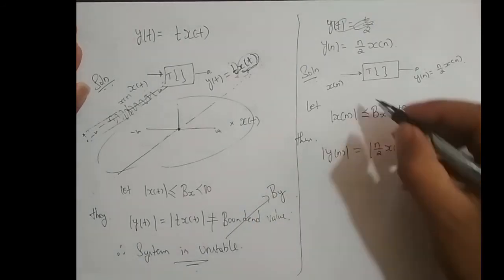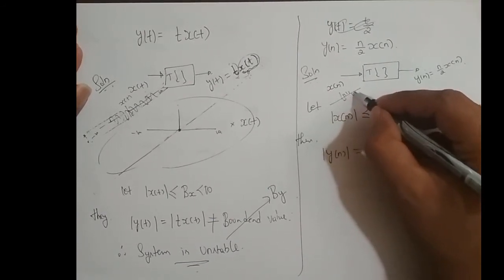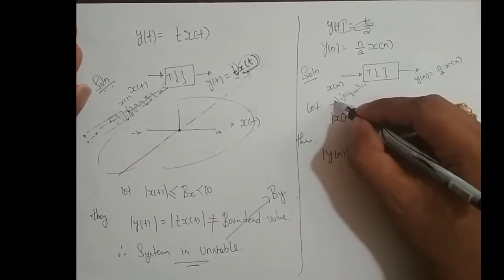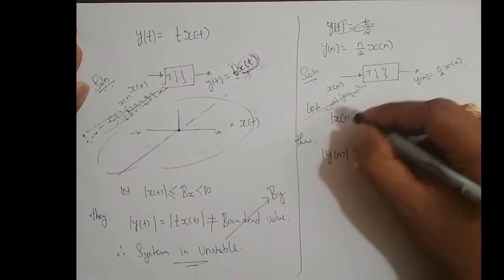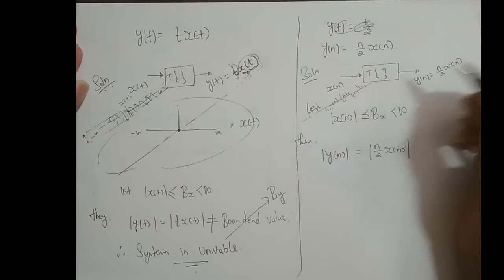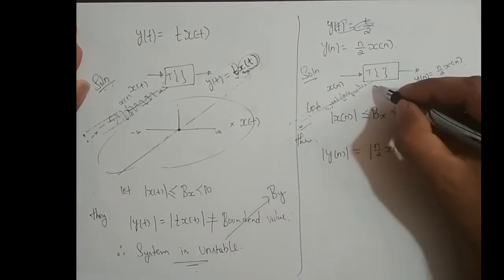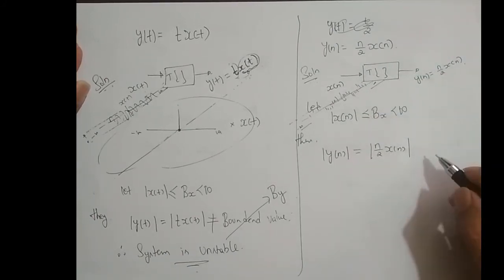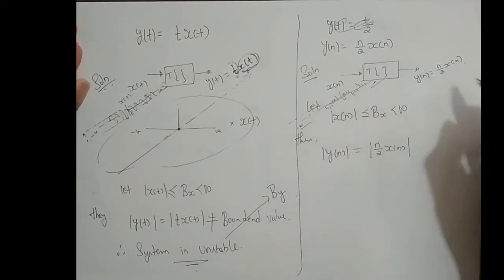Again we'll assume we are applying the input as a sine wave. Just imagine that it's a sine wave, but it's discrete time. And at n equal to minus infinity, this remains finite. At n equal to plus infinity, amplitude also remains finite. So I'm applying a bounded input, finite amplitude value to the system.